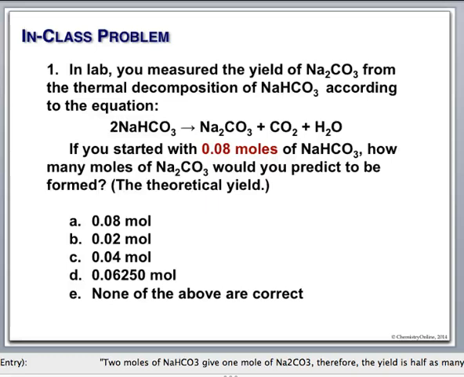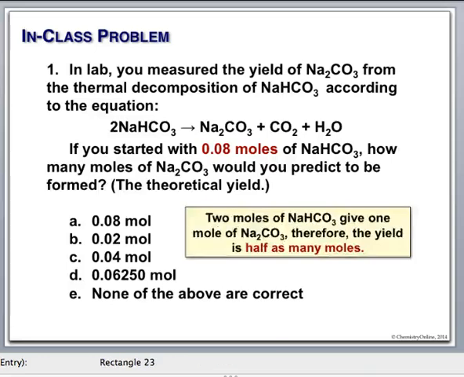So if we start with 0.08, we should get half as many moles. It's a simple 2 to 1. And so there should have been 0.04.